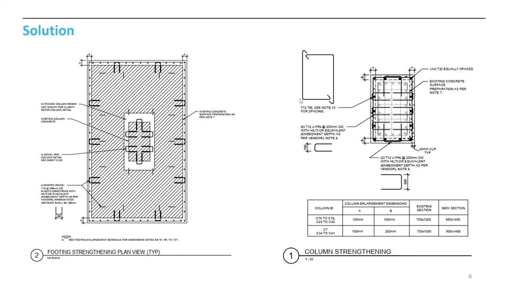Here we assumed that the entire force will transfer through the dowels. We ignored friction between the concretes, and the entire force between new and old will transfer through those rebars. That was our underlying assumption.